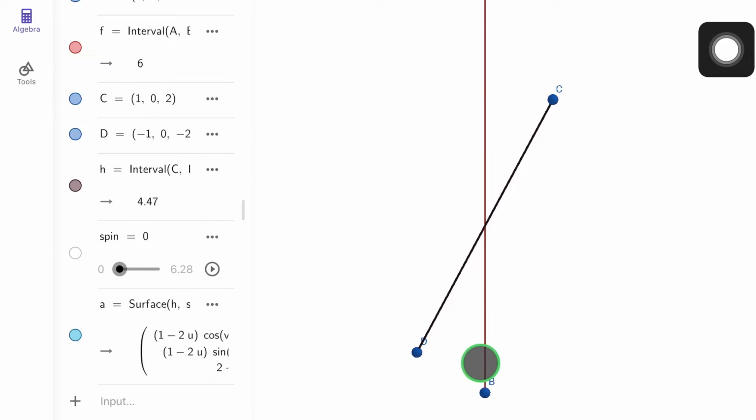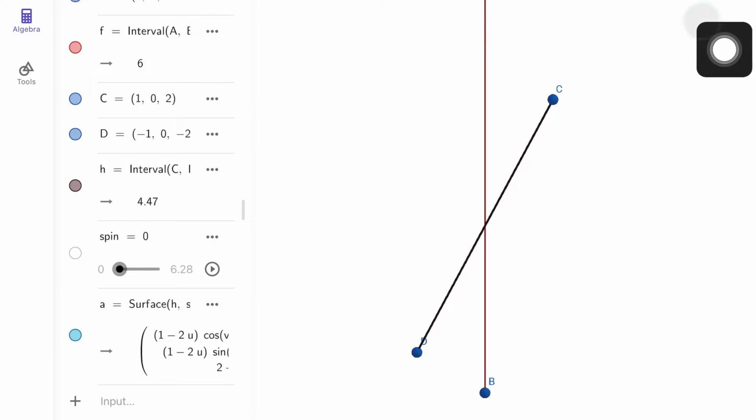This red line is the axis, and this black one is the generator. If we rotate this black line, that is the generator, with respect to the axis, we will get a cone.